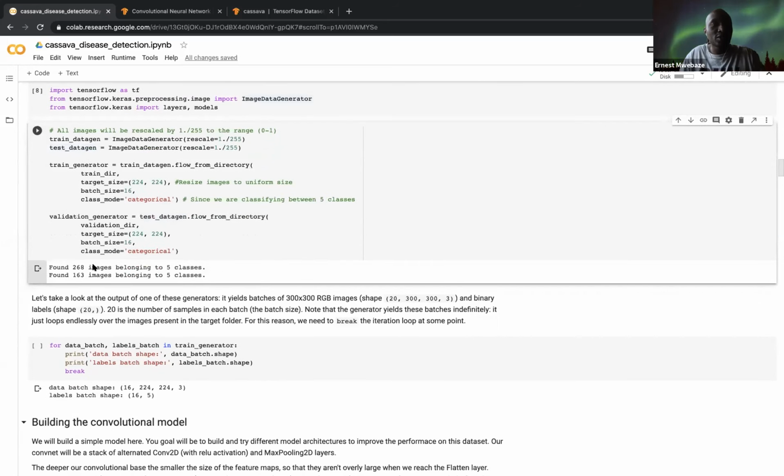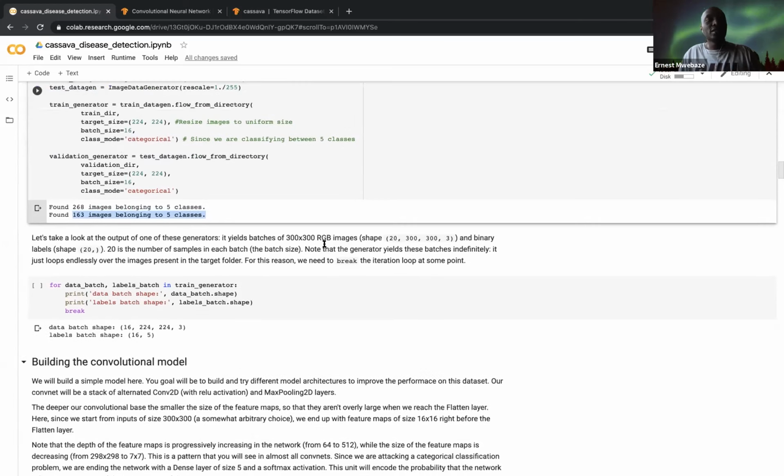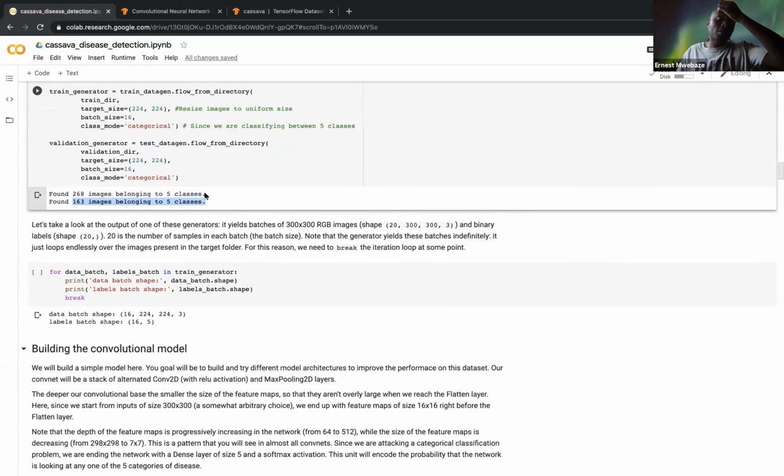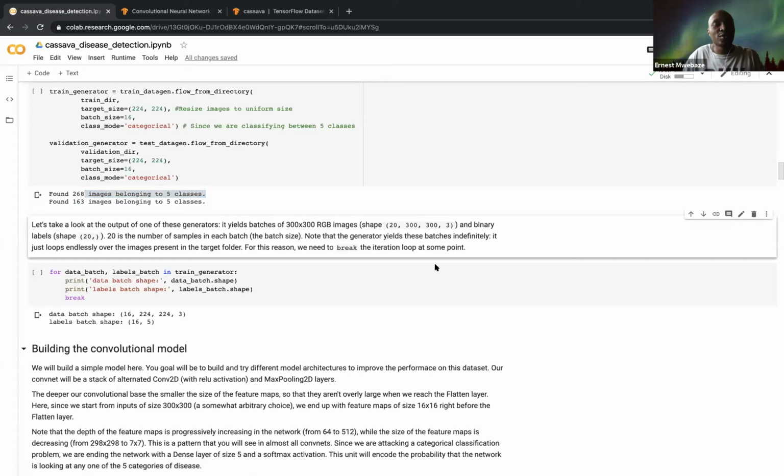The 268 will be the training, and the 163 will be the validation. For 5 classes, if they're uniformly balanced, a data size of 250 or 268 is a bit low. It means there are about 50 examples per class. This is generally quite low for getting the benefits of neural networks. But we want to see what we can do with this in this Colab.